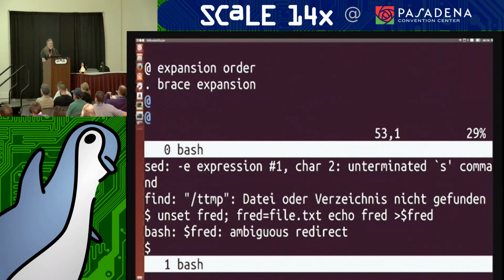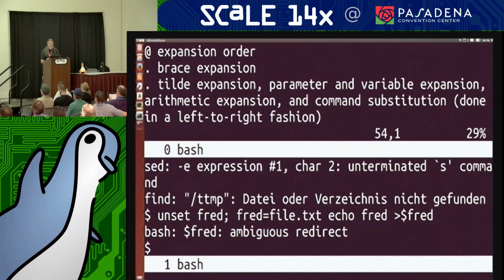The order is brace expansion, then tilde expansion, then parameter and variable expansion, arithmetic expansion, and command substitution, which is done left to right, all at the same time. So whatever order you find those in, you do them at the same time. It's kind of like addition and subtraction. They happen at the same time; it's which one do you run into first? But multiplication and division take a higher priority.